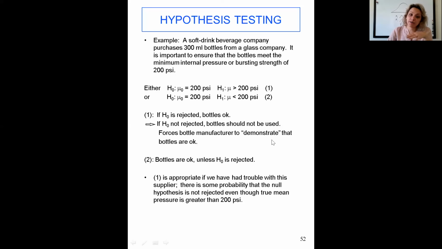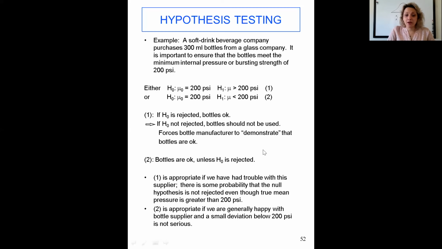Generally, we can define it either of these two ways. It depends on your standing point. The first one, where H1 is that mu is greater than 200 psi, is appropriate if we have had trouble with the supplier. There is some probability that the null hypothesis is not rejected even though the true mean pressure is greater than 200 psi.